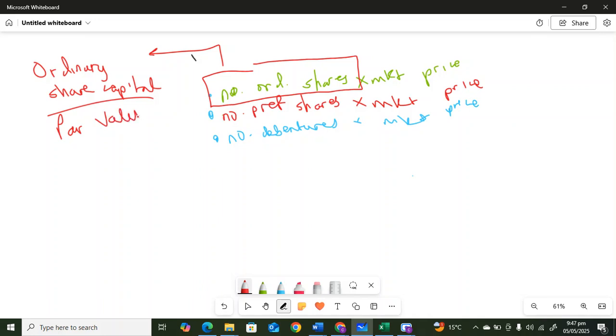Par value or book value or face value or nominal value. That's how you get the number of ordinary shares. So, if it's like that for ordinary shares, can someone tell us how it would be for preference shares? To get the number of preference shares, what do we do? What are we dividing?